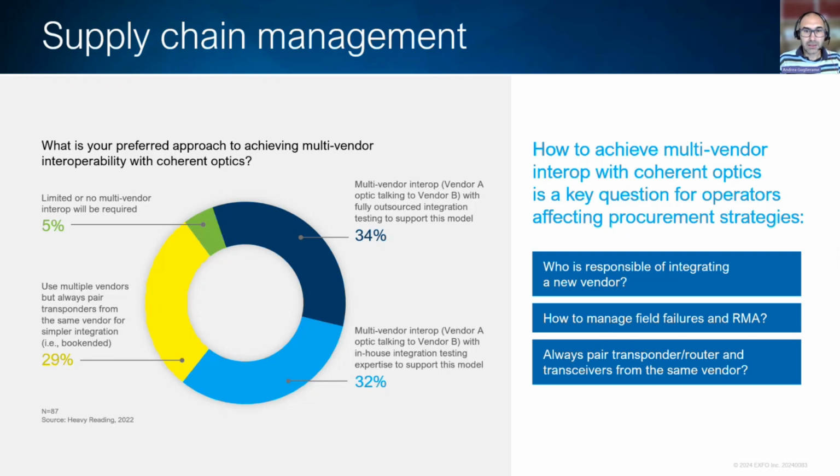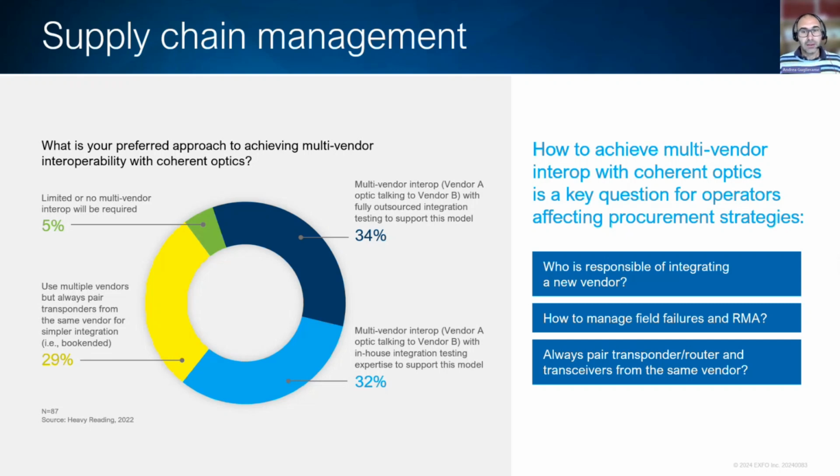So this really comes to another question for operators, which is whether they really can have a fully disaggregated or open approach, or they always have to pair transponders, routers, and transceivers from the same vendor.